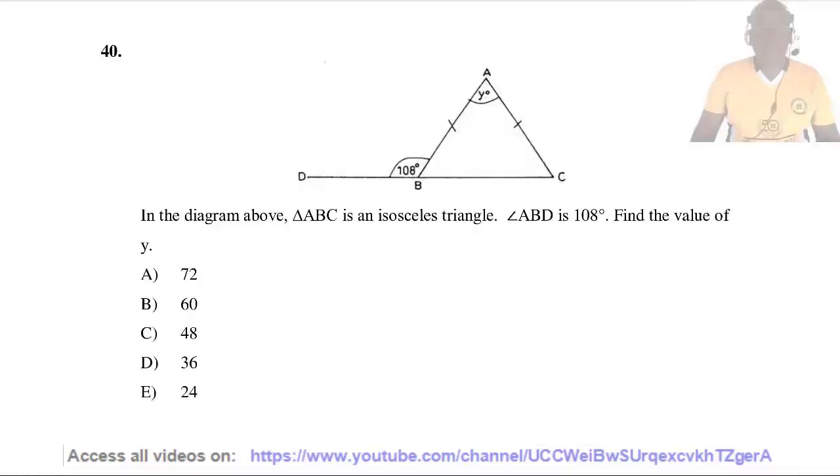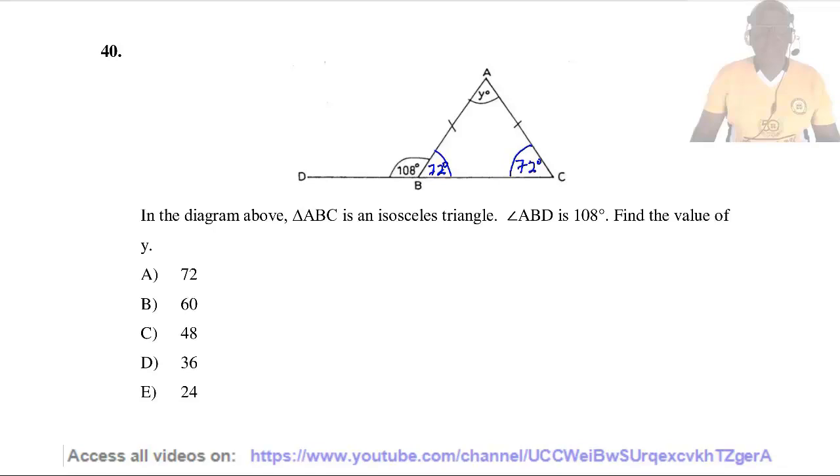Question 40. In the diagram above, triangle ABC is an isosceles triangle. Angle ABD equals 108 degrees. Find the value of y. The angle over here equals 180 degrees minus 108, that is 72 degrees. This is because the sum of angles on a straight line add up to 180 degrees. Since it's an isosceles triangle, the angle over here is as well 72 degrees.